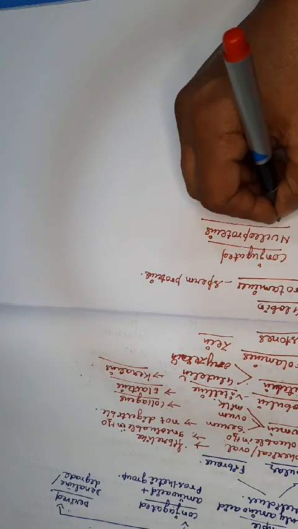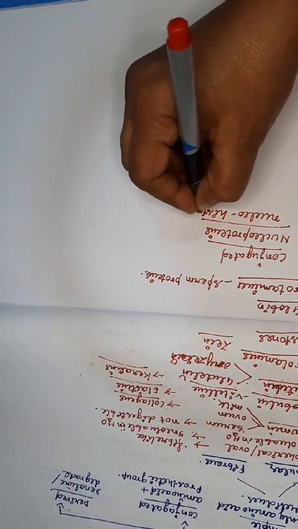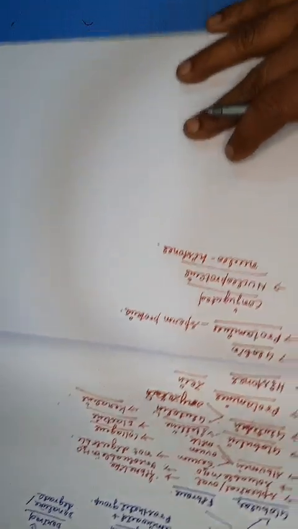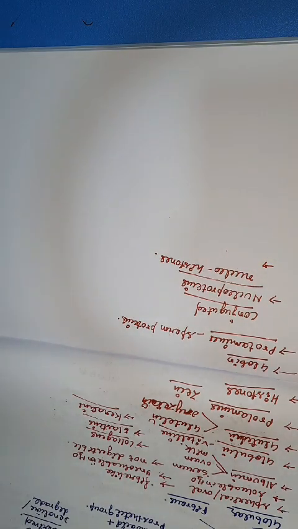Nucleoproteins have nucleic acids associated as the prosthetic group. An example will be nucleohistones. See, we have already studied that histone is a simple protein, and once you associate it with a prosthetic group of nucleic acid, then it becomes conjugated. The concept is not that difficult to understand.